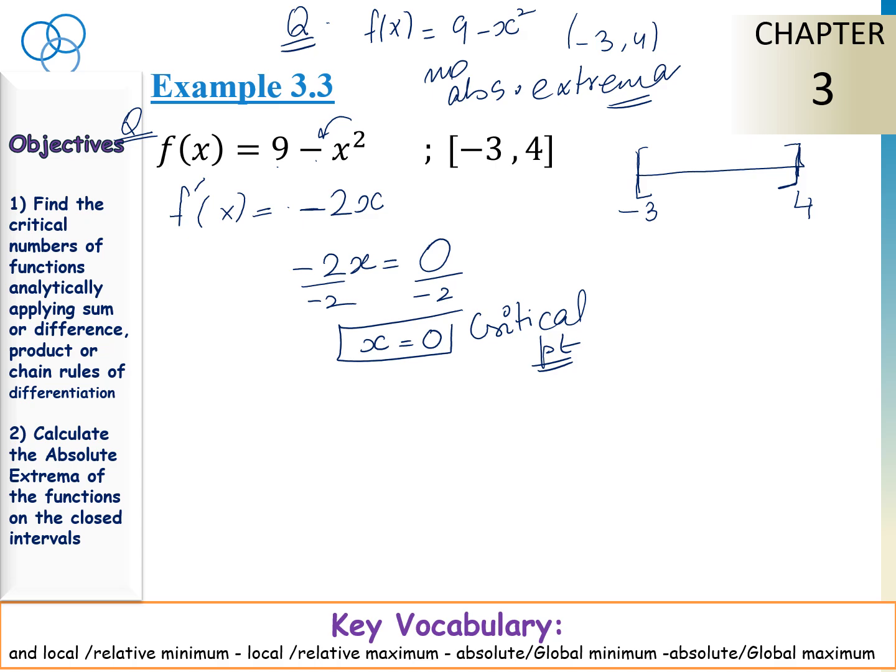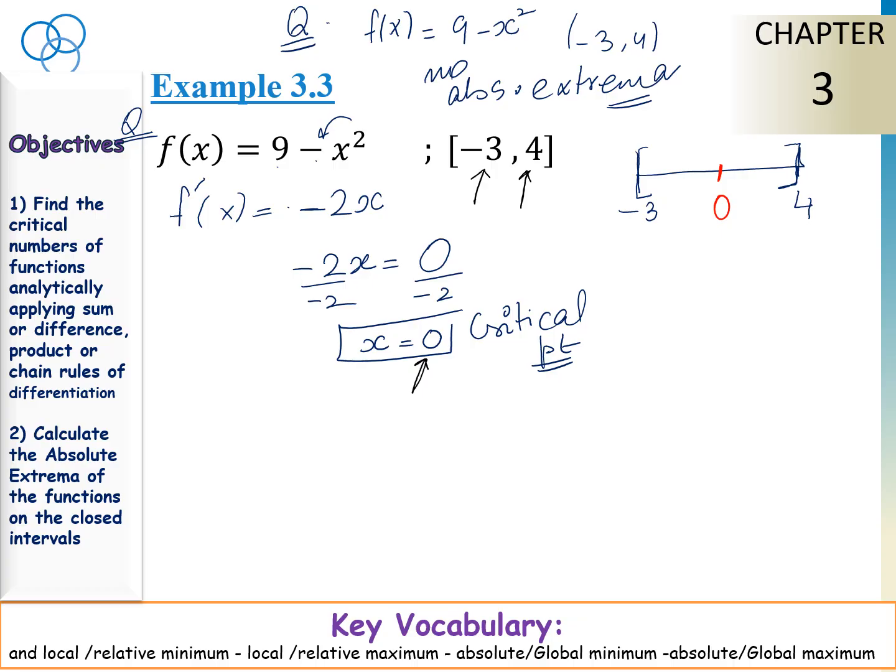Now to find out which points are the highest points, you have to find out the y values. So you have 3 points: the starting point -3, the ending point of the closed interval 4, and the middle point 0, because 0 is somewhere in between the closed interval.